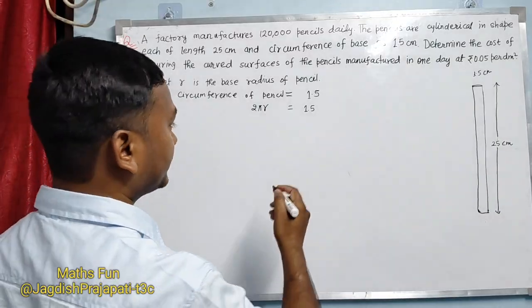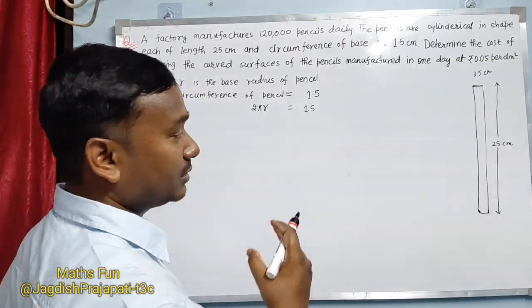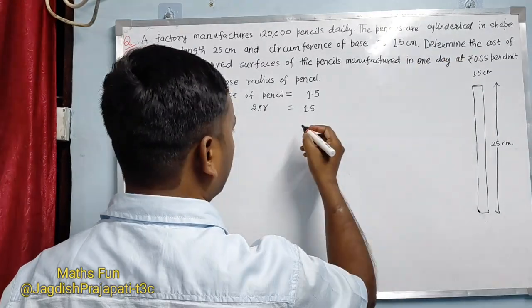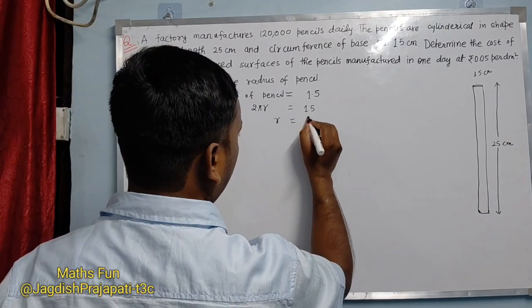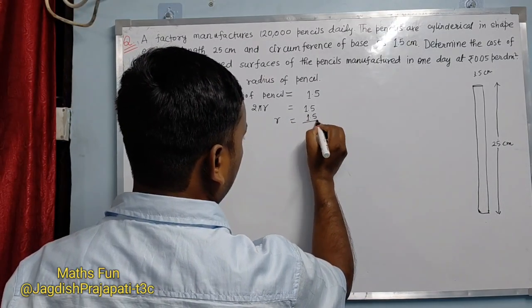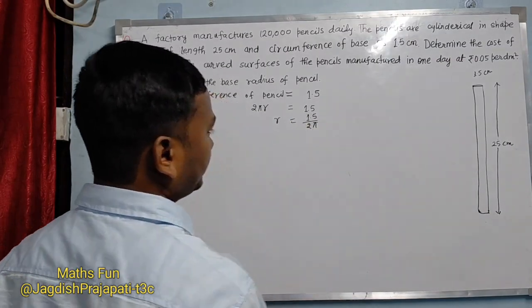We need r in order to find the curved surface. So r will be 1.5 by 2 pi.